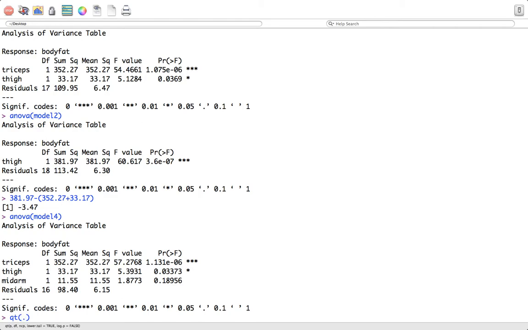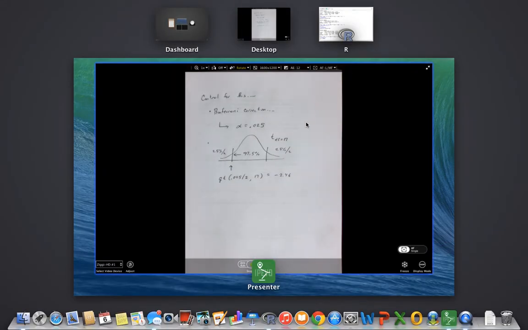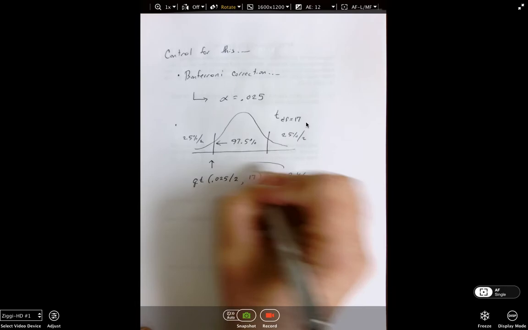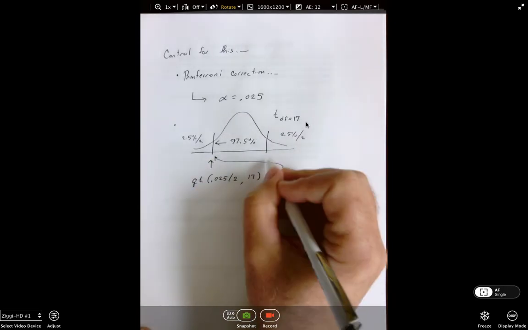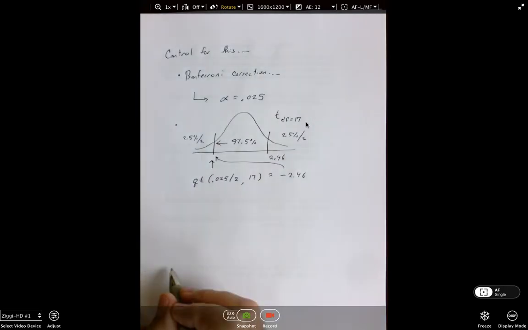So 0.025 divided by 2, degrees of freedom 17. What we get is negative 2.46. Okay, so that will represent this value, and for obvious reasons, this will be positive 2.46.